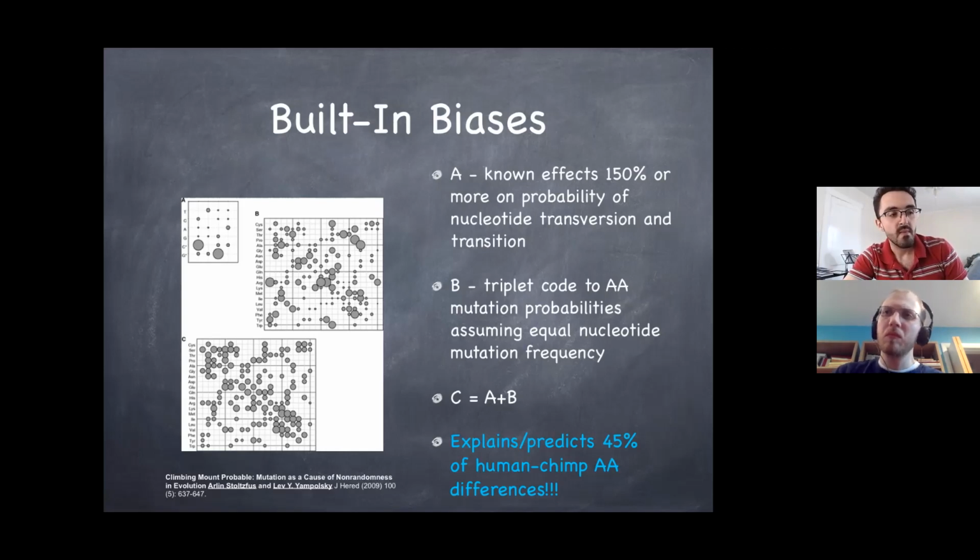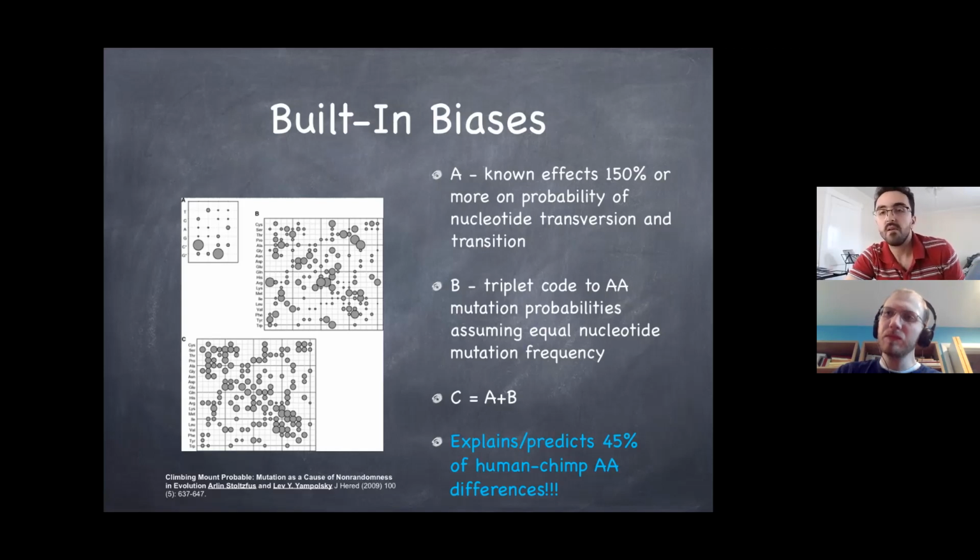Is the purine switching to another purine, for example, T to C, or is it a transversion, where a purine changes to a pyrimidine, like T changing to G? Again, this is all technical stuff, but there is a difference in the likelihood that these occur.